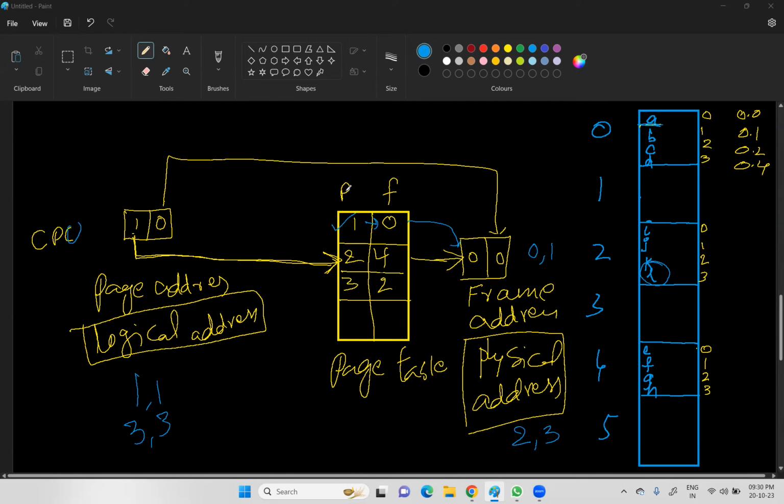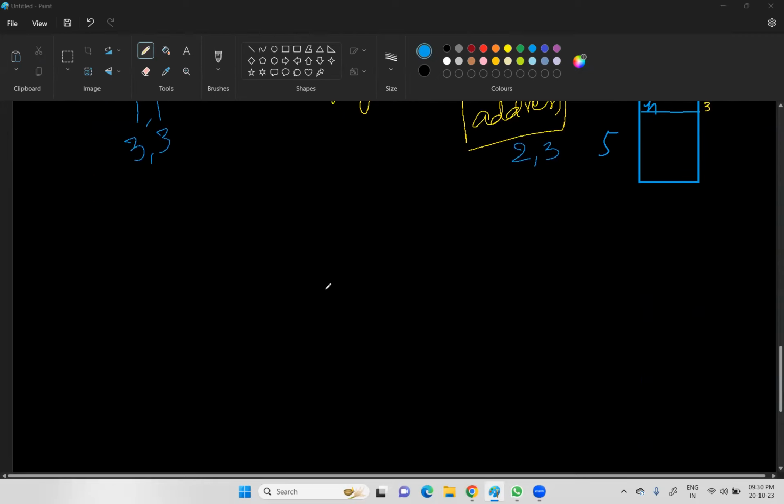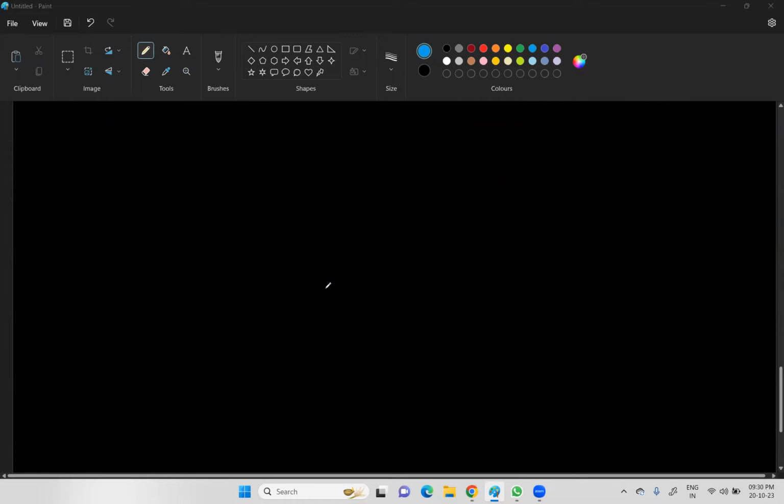To avoid this huge amount of time, one more paging technique was introduced. This is the same as the paging technique, but with a small modification, that is TLB paging.